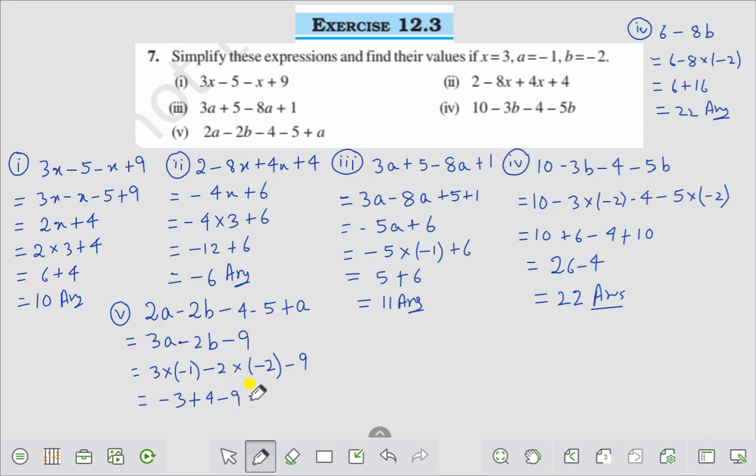That is equal to minus 9 minus 3 is minus 12 plus 4, so the answer is minus 8. This is the answer of question number 5.